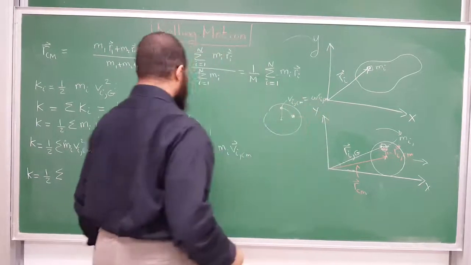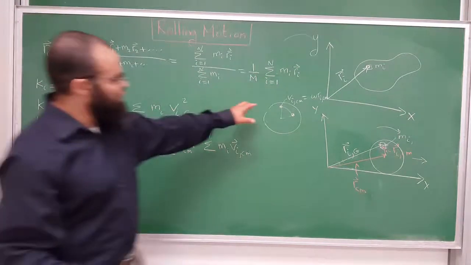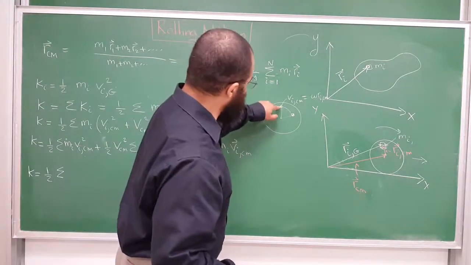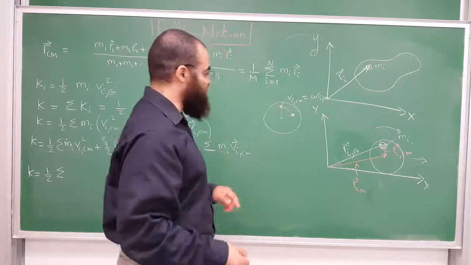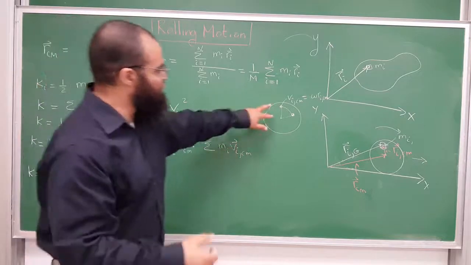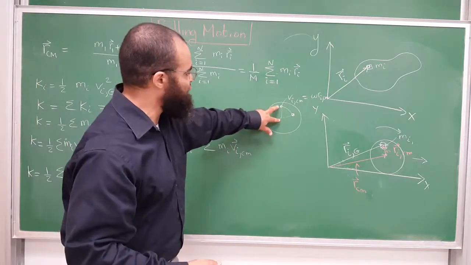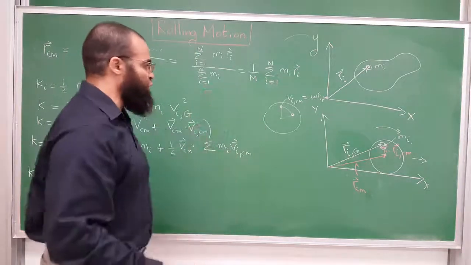That's what this is. So here I'm going to replace this, because the object is rigid, this point cannot get farther from the center of mass. It can only rotate about the center of mass. It cannot get any farther. It's rigid. Remember, rigid body points don't get closer or farther away from each other. They can rotate about each other as a whole body.